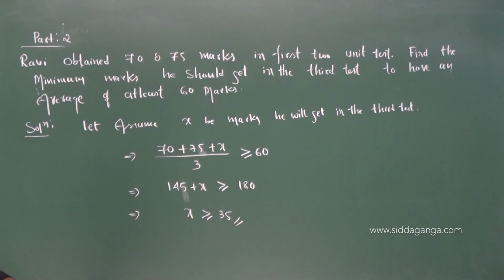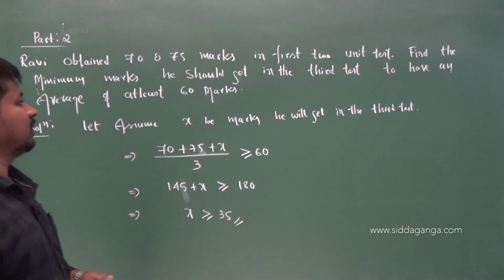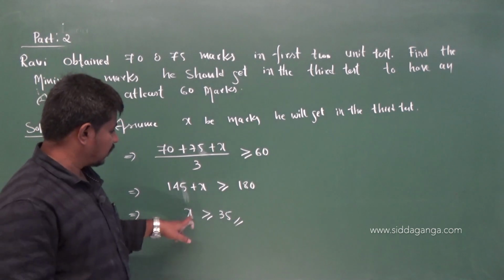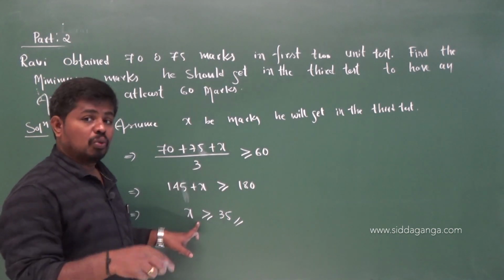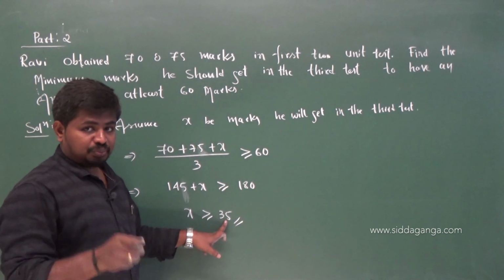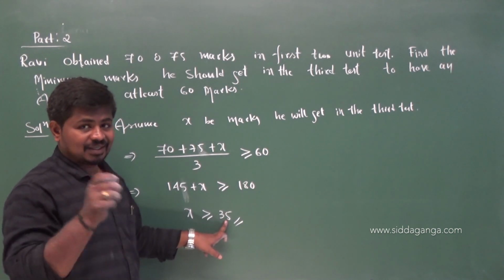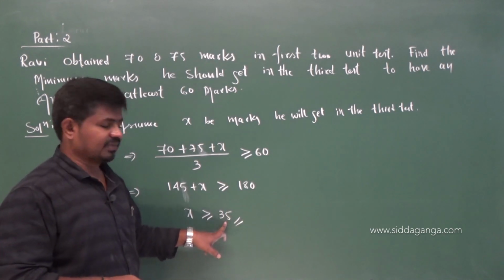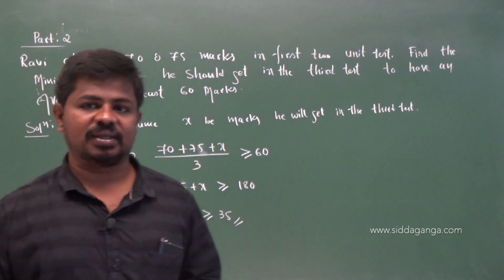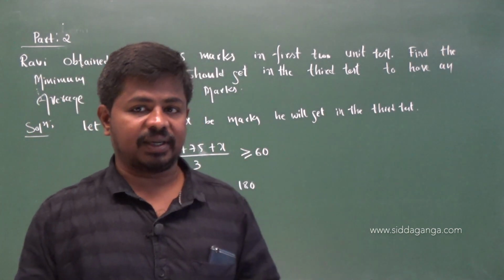So what should be the minimum marks in the third test to get an average of at least 60? The third test marks must be more than or equal to 35, he must get minimum 35. If you get 35, you may get an average of 60 or more than that.